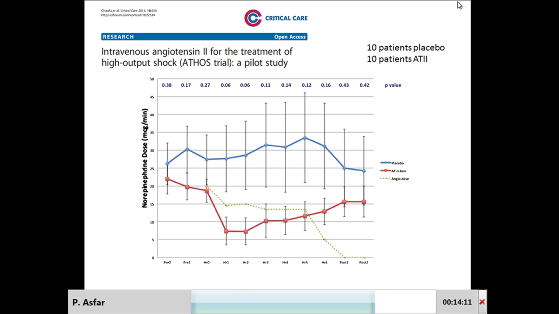The only trial in human beings is the ATOS trial, a pilot study, and as you can see, the sample of patients was very small. 10 patients were treated with angiotensin II administration, and what the authors report is that when you infuse angiotensin II in patients, you induce a decrease in norepinephrine requirements.